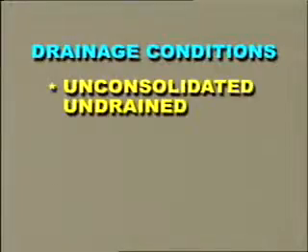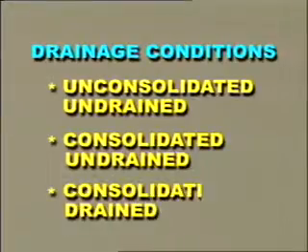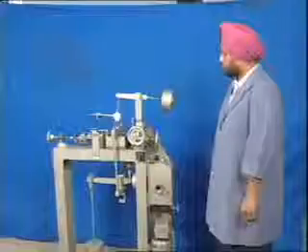Depending upon drainage conditions, three types of shear test have been developed: unconsolidated undrained condition, consolidated undrained condition, and consolidated drained condition. In this program, we shall demonstrate the direct shear test as per IS code 2720 part 13.